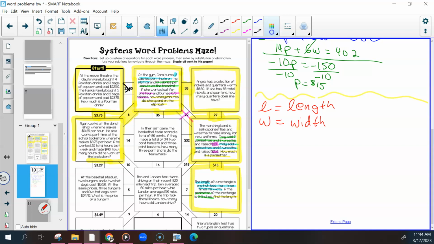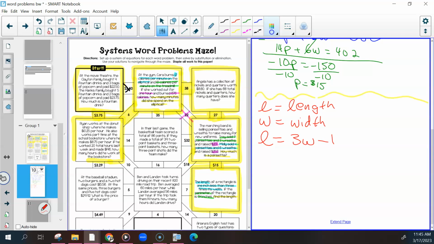How would we set that up? So 3w minus 1.